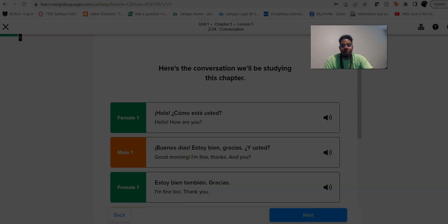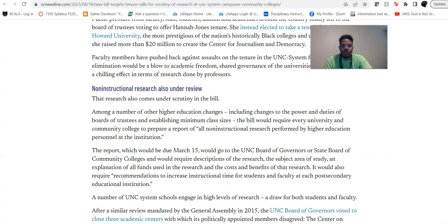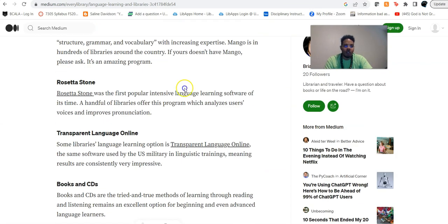But so that's Mango. And Mango, like I said, really is the most popular library-based resource, I think, even over Duolingo and Rosetta Stone Library Edition. I don't have access to Rosetta Stone Library Edition with any of the libraries that I'm a member of, but I will say that it gets this mention.